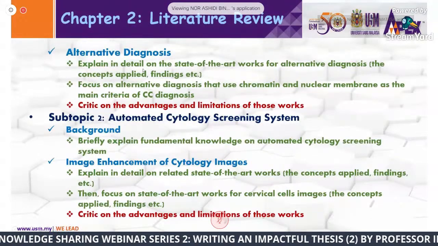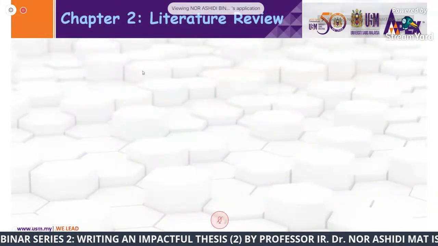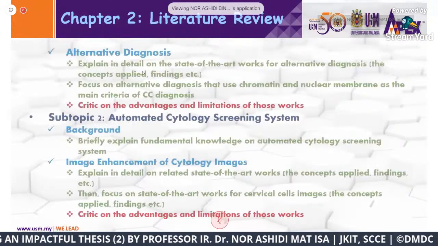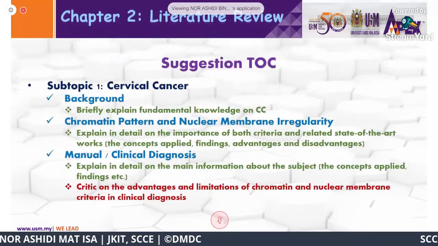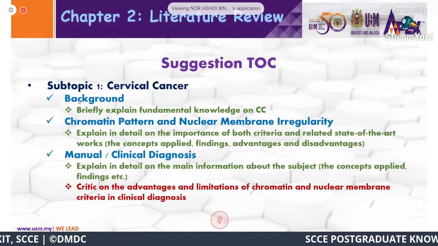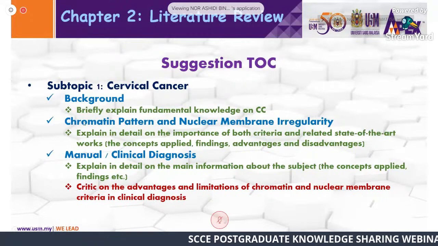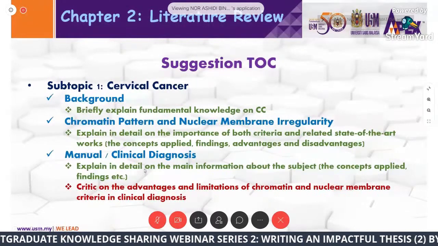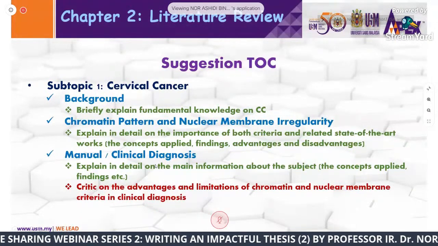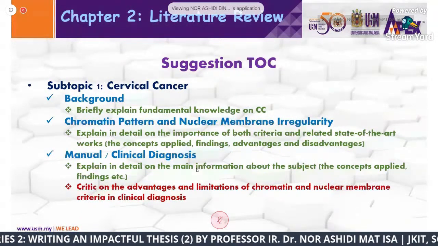So there is a continuation from one subject to another, or from one topic to another topic. Topic one is the background, and then you talk about the chromatic pattern. Now you move to the manual and clinical diagnosis. You explain the clinical diagnosis, the manual procedure.